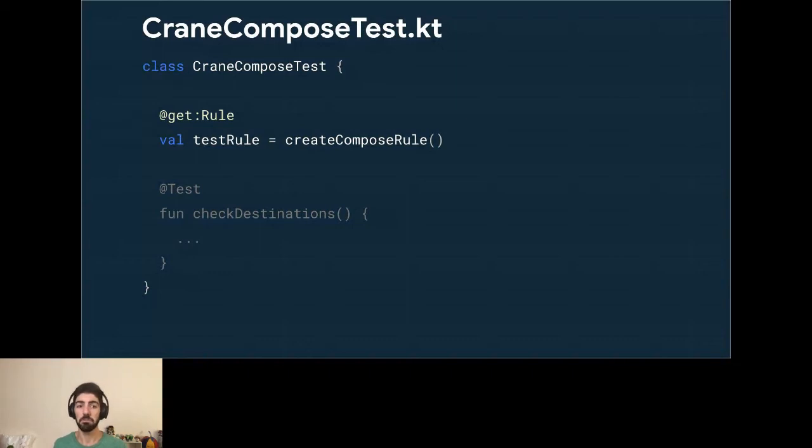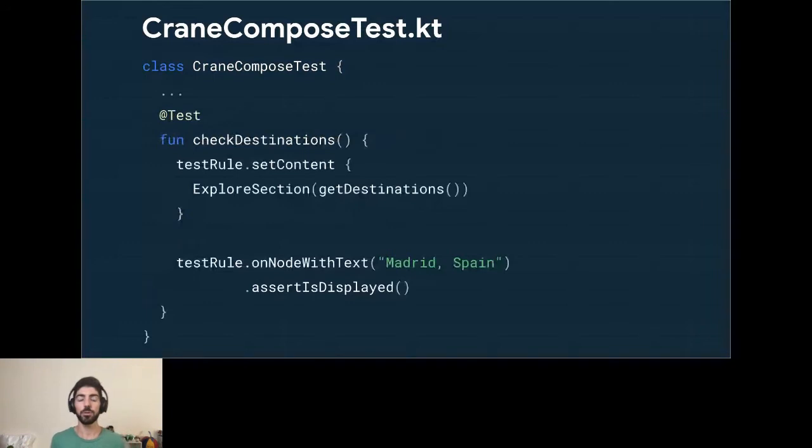You don't have to do much more. Whenever you want to test a specific composable, for example, explore section, we include that composable under test in the test rule's setContent, as if we were calling it from an activity or fragment. And then you can start testing that composable using the Compose testing APIs.